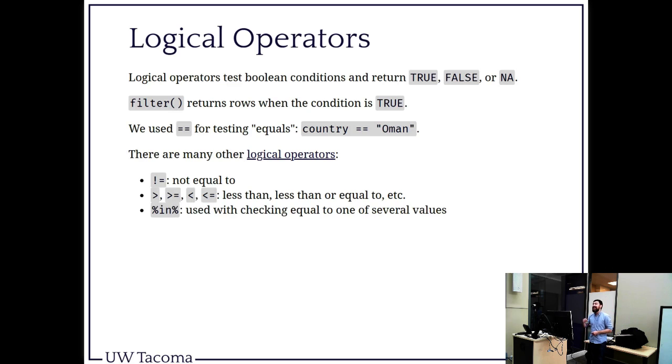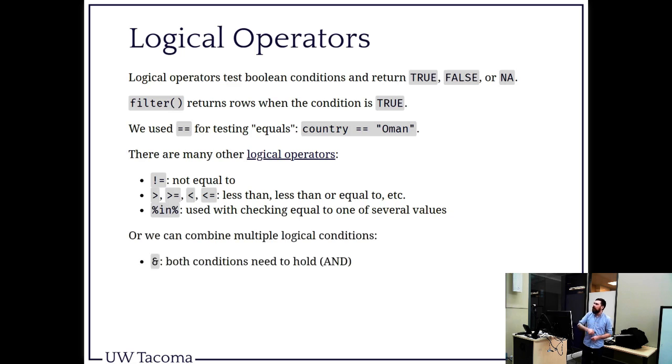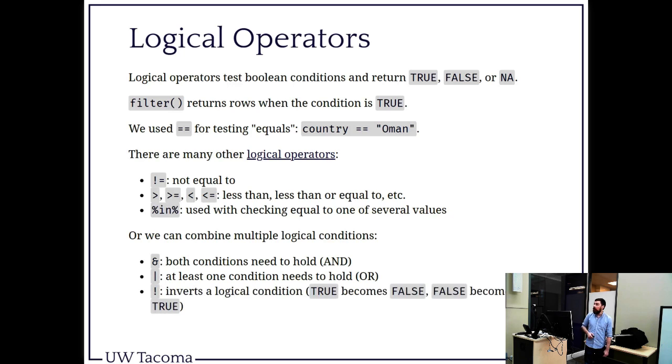You could use %in%. %in% is for doing multiple equality checks, which I think I've got a slide on here in a minute. We can also do combinations of logical conditions. So we could have two logical conditions and say both of them must hold, that is and. Only one of them, one or both of them need to hold, is or. We could also invert an entire series of logicals.